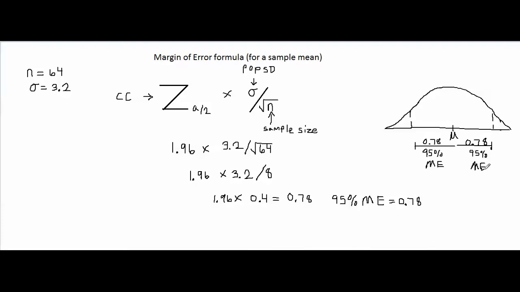What this 95% margin of error of 0.78 is telling us is that when I randomly select my sample of 64 people and I calculate the mean of my sample, 95% of the possible samples that I could select will have a sample mean somewhere in this area right here, between this boundary point and this boundary point right here.